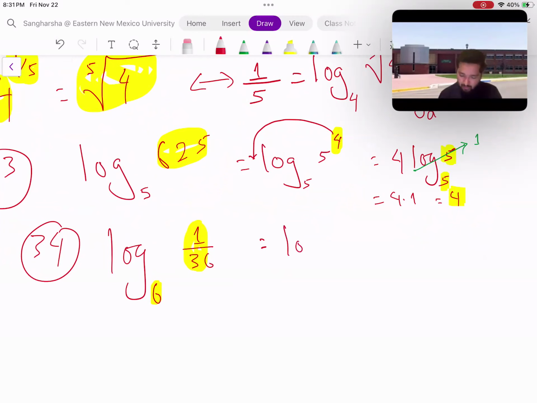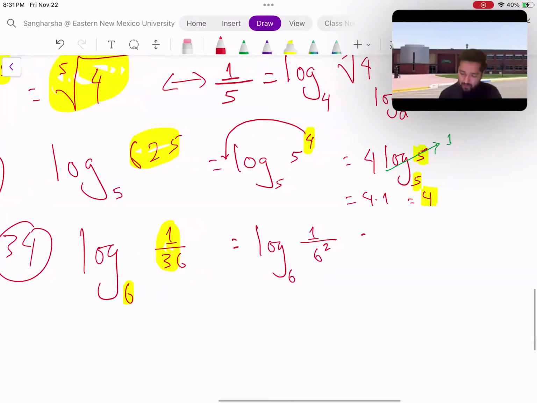We have 1 over 36, and 36 is 6 squared, to a base 6. Now here, we are not ready yet. Our base is 6 here, but the base is 1 over 6 here. 1 over 6 and 6 are not the same.